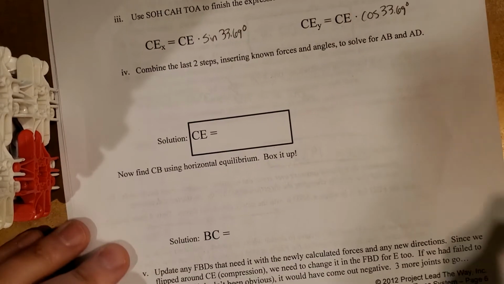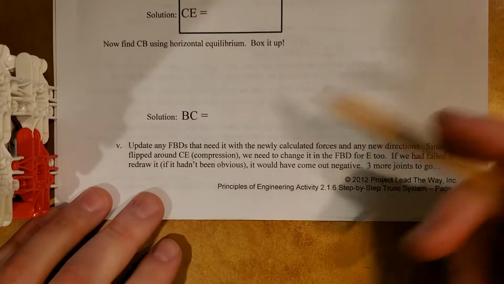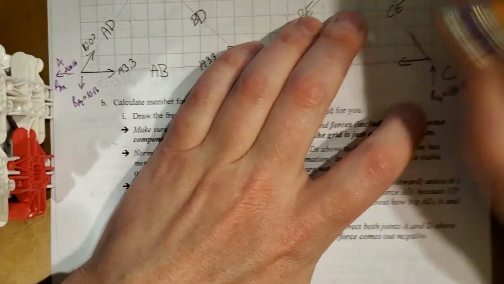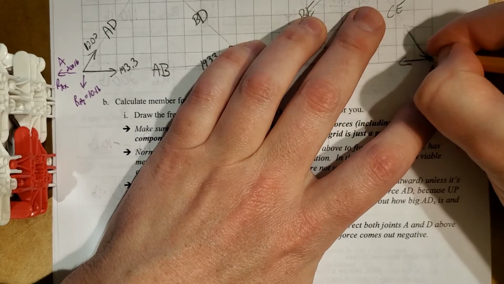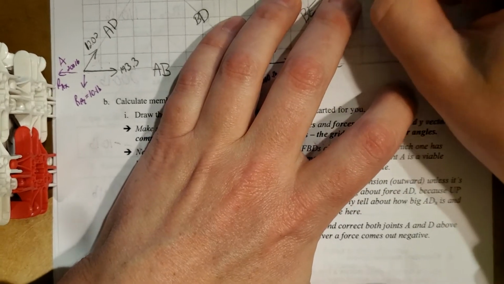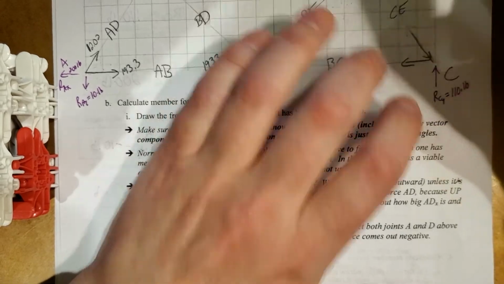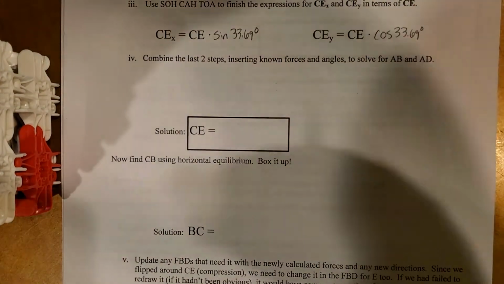And then once you have those, update your free body diagrams. We haven't gone back here and changed these directions yet, so that's something we could definitely do now. I'll give you these answers real quick.